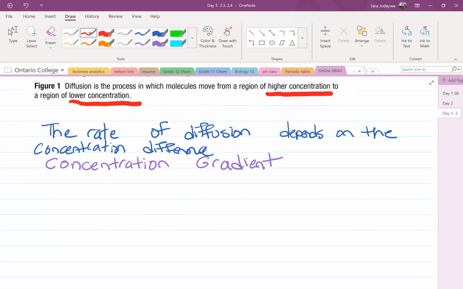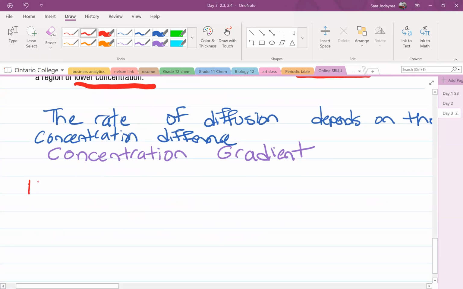So we have a new definition called dynamic equilibrium.